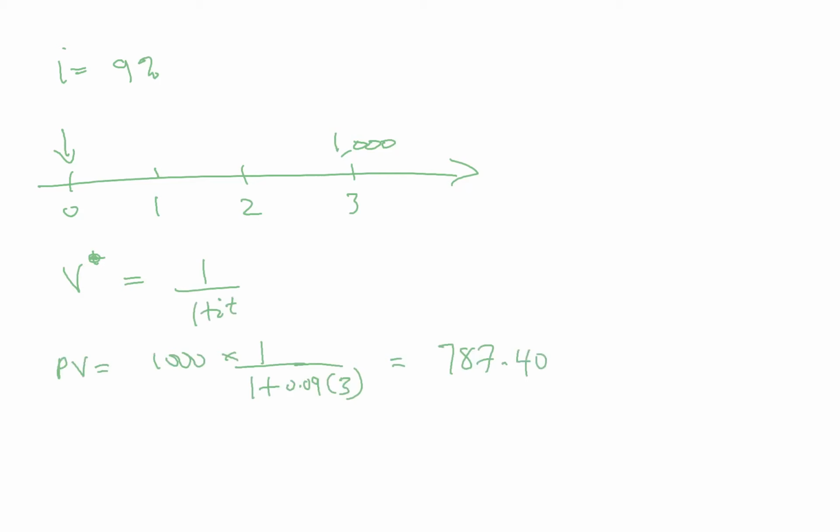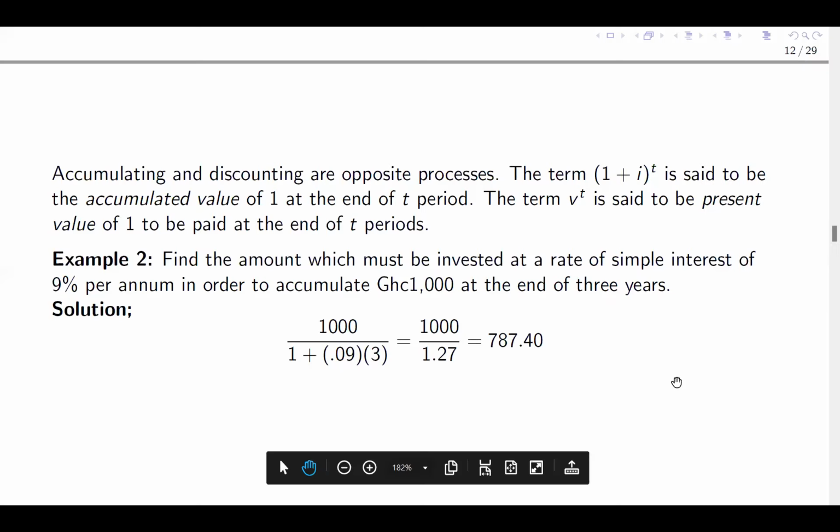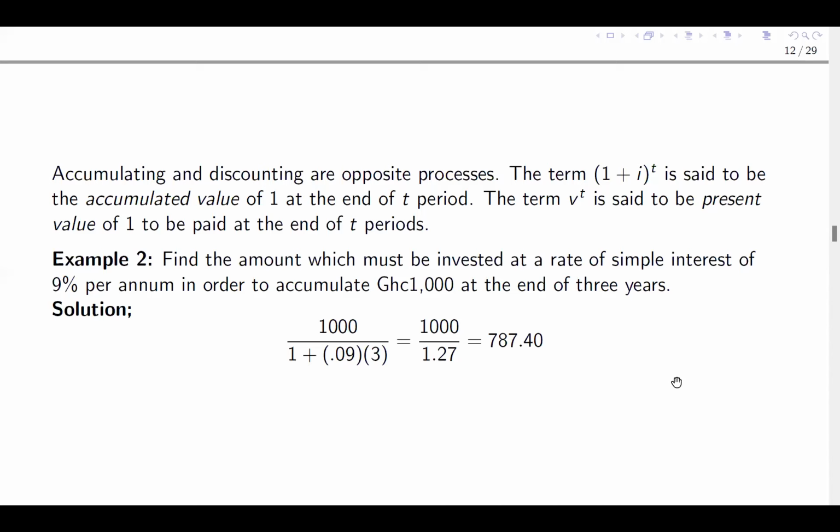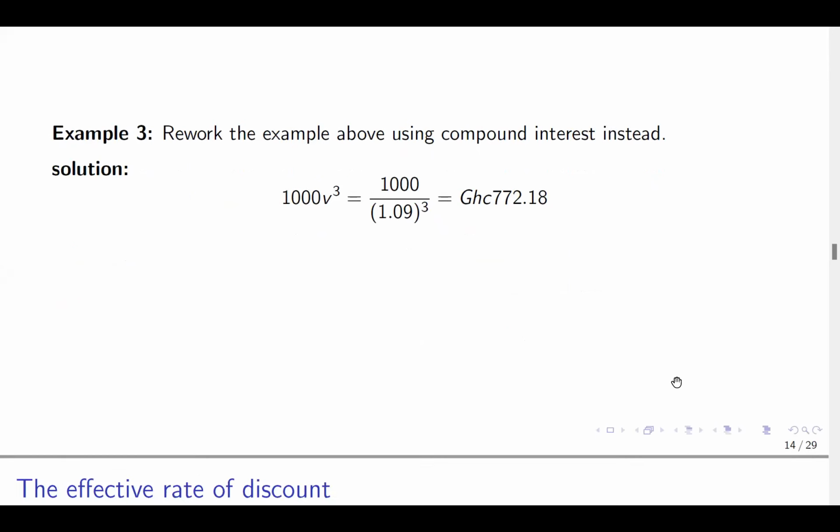So you can see this in the notes. Example 3 is saying rework the example above using compound interest instead. So you can try this on your own.